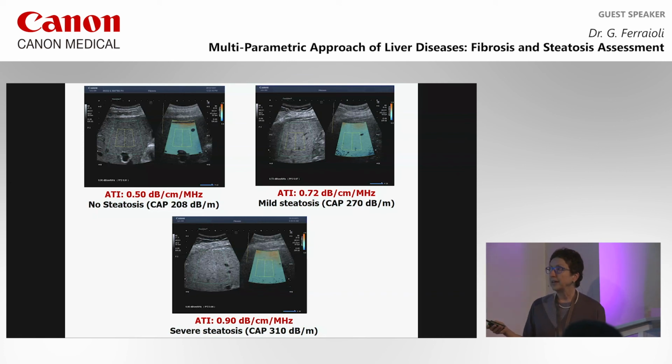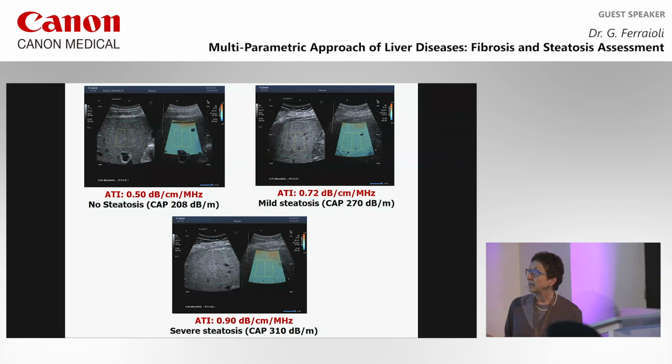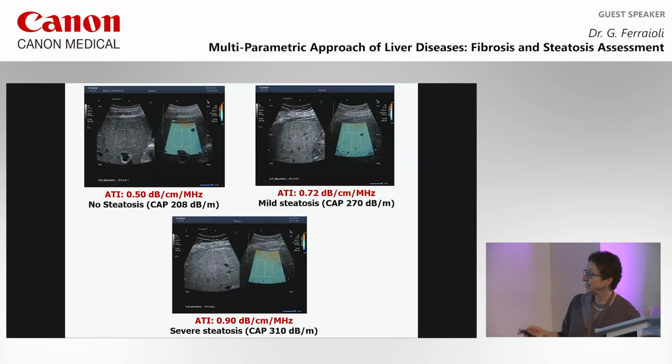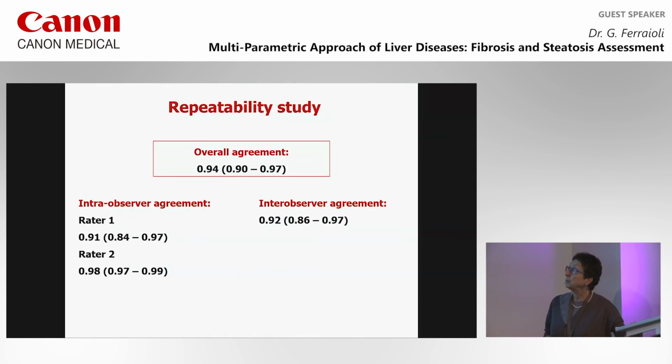Instead, we have here decibel per centimeter per megahertz. So theoretically, this value is not affected by the frequency of the probe, as it happens when we use the CAP that has 2 probes, the M and the XL probe, because this value doesn't take into account the frequency of the probe.